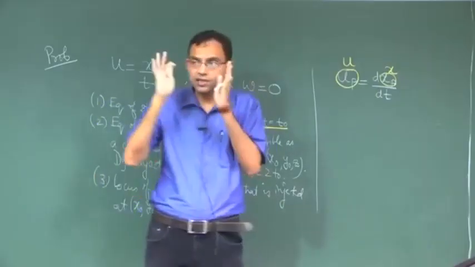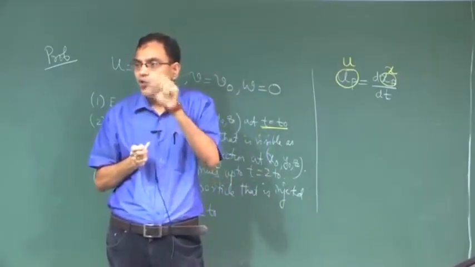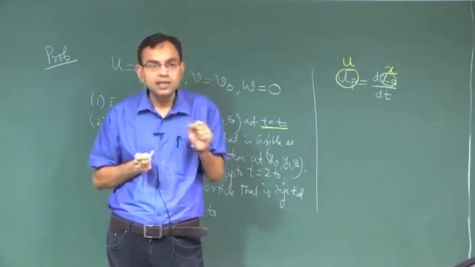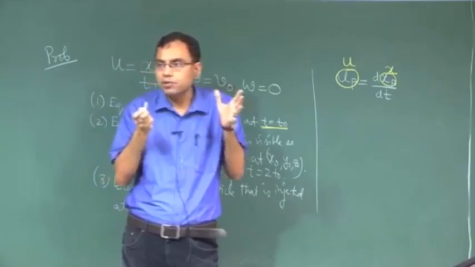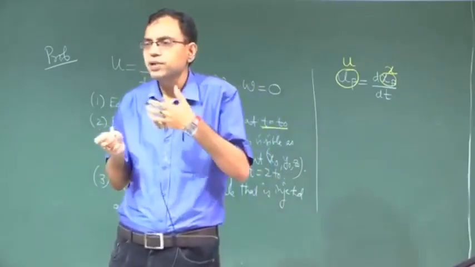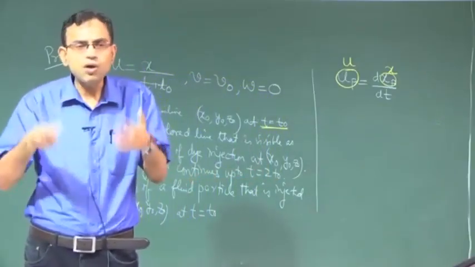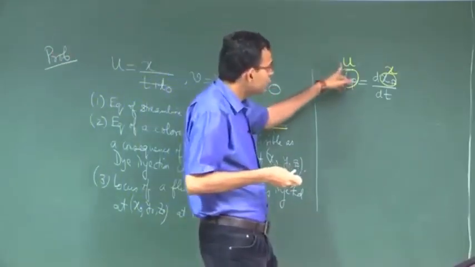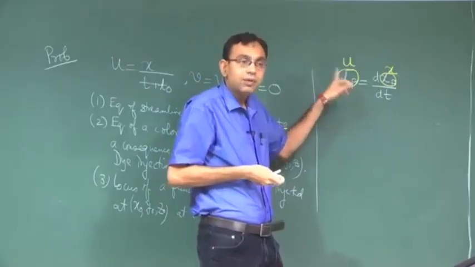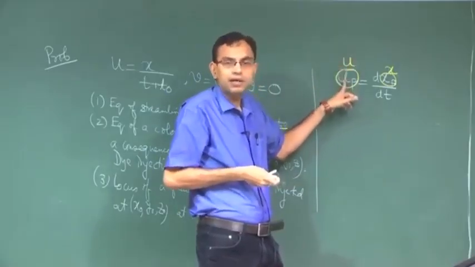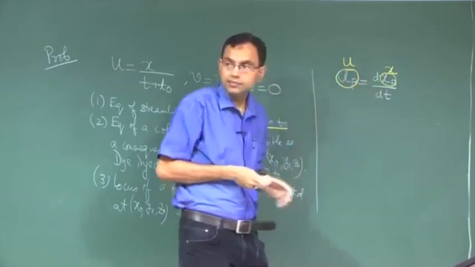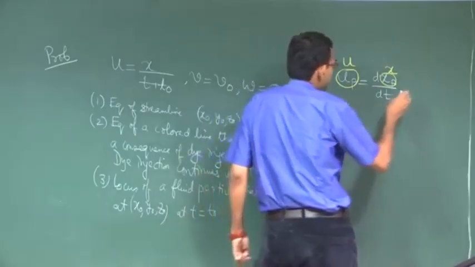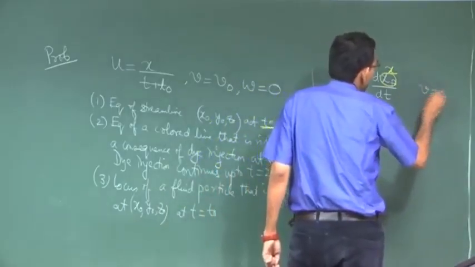See, this is a conceptual gap. In the books, the solution straight away writes u equal to dx dt. The confusion that comes to our mind is that u is a description of a flow field, so how should u be equal to dx dt? The reason is that you are actually referring to u of the particle, but because u of the flow is the same as u of the particle at that point, u equals dx dt. Similarly v is equal to dy dt.